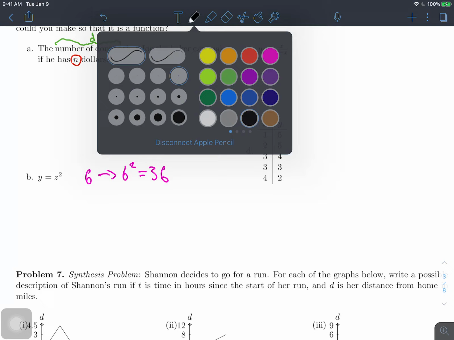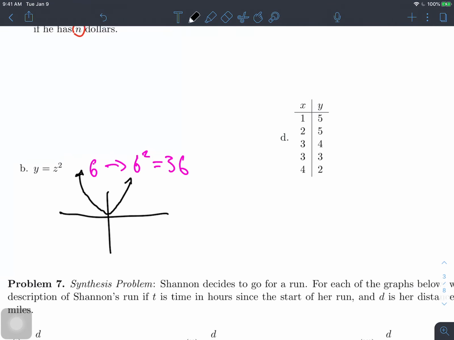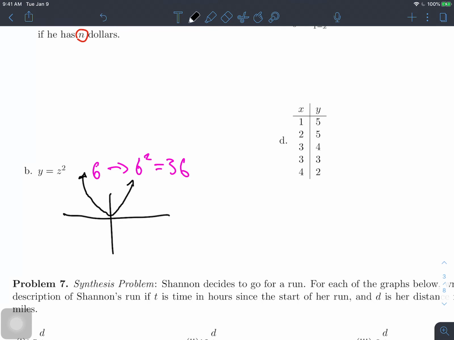In fact, we can even graph it. And as you said, it's going to be a parabola. Just imagine that it goes through the origin. As we can see, this is going to pass our vertical line test. Remember, the vertical line test is really just checking if I move my pencil along like this, is there a point where my pencil crosses the graph twice?